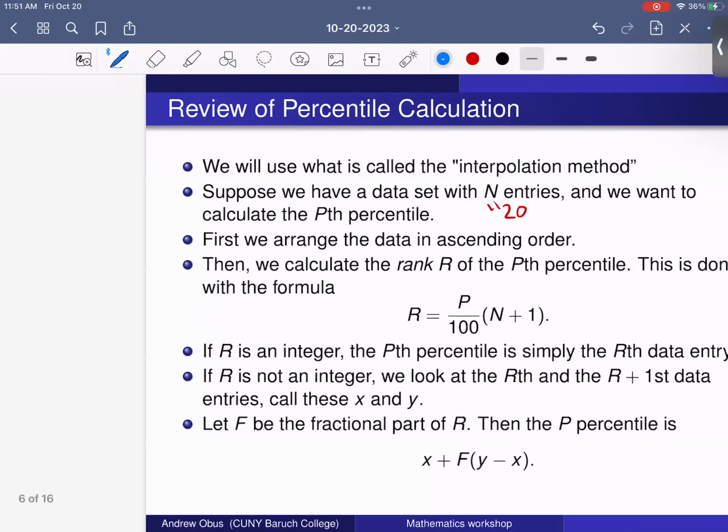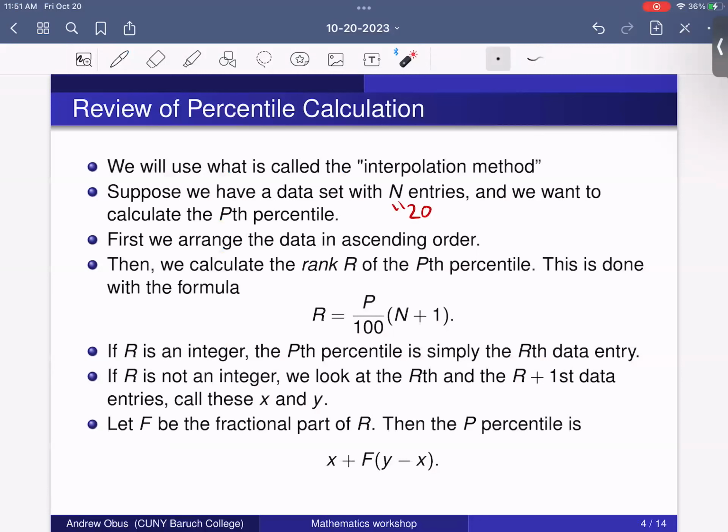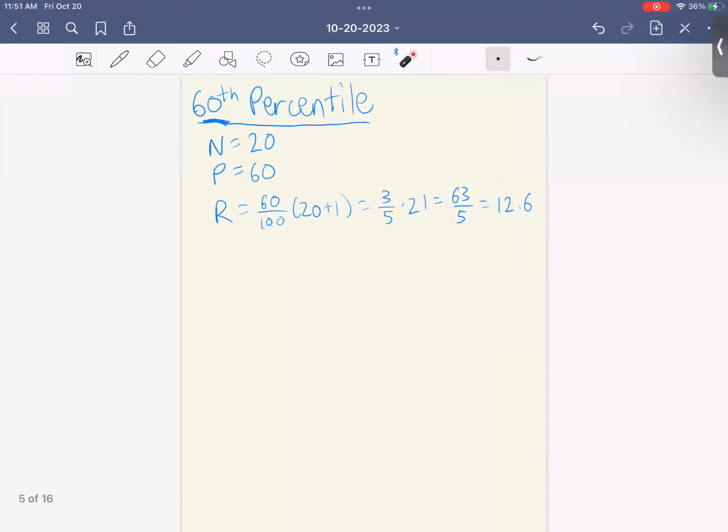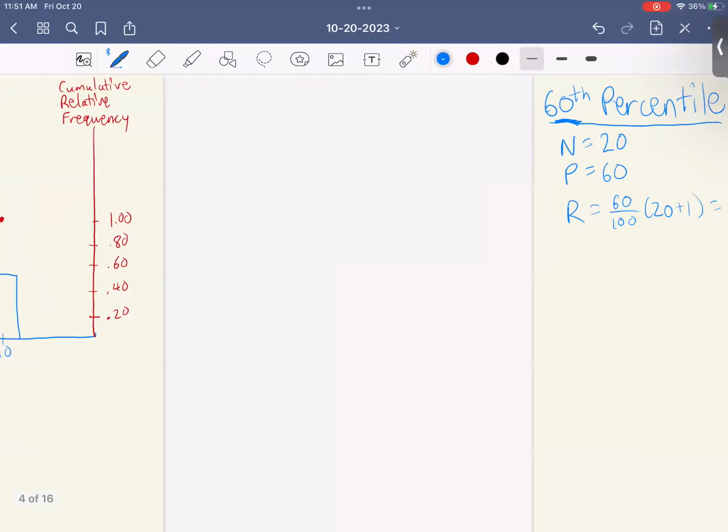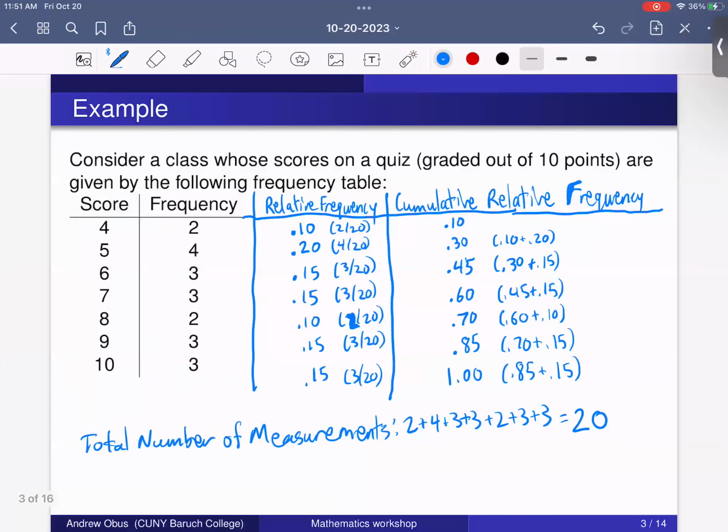So now we have to write out the data in order to find the 12th entry, and we may also need the 13th entry, the 12th and the 13th, because we have 12.6.